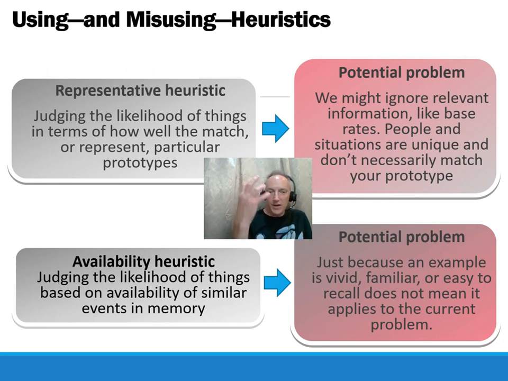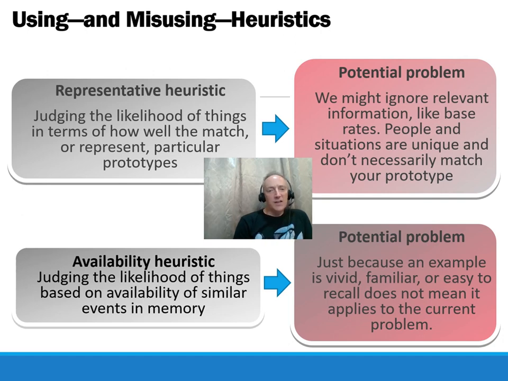We have a way of representing that whole concept in our head, and we're judging the likelihood of something new matching up to our prototype. Well, again, when we're using the representativeness heuristic, we might be ignoring other data, that base rate data, like in the example where you knew there were 80 attorneys but only 20 engineers.